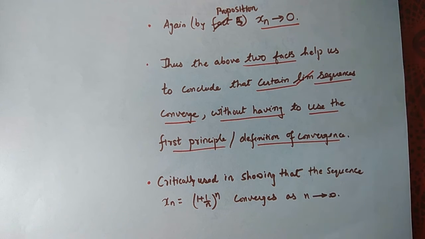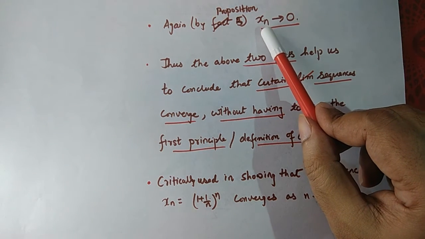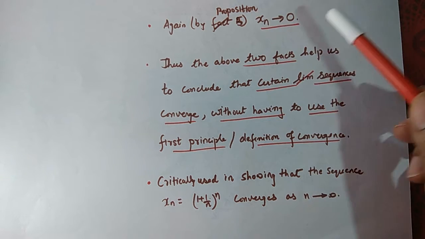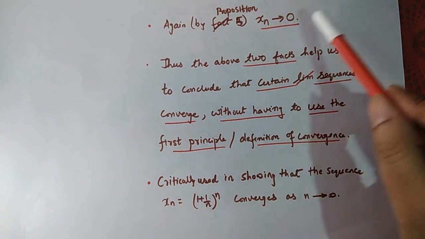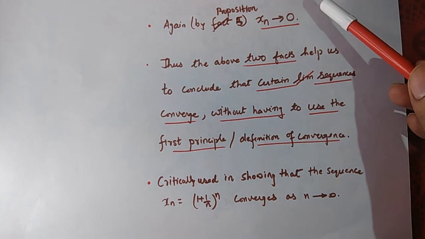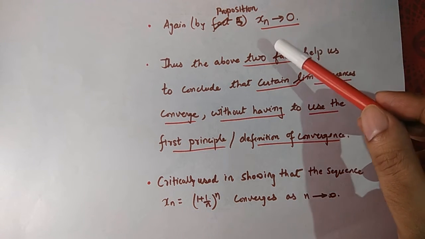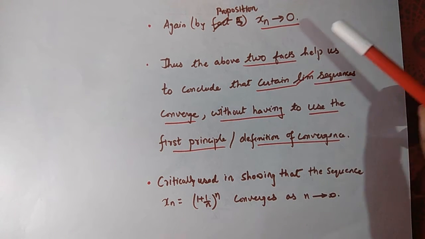Now you can see the utility of the last two propositions. We could conclude the convergence of the sequences 1 minus 1 by n and 1 by n to their respective limits, which are 1 and 0, without having to resort to the first principles, directly by using the last two propositions.